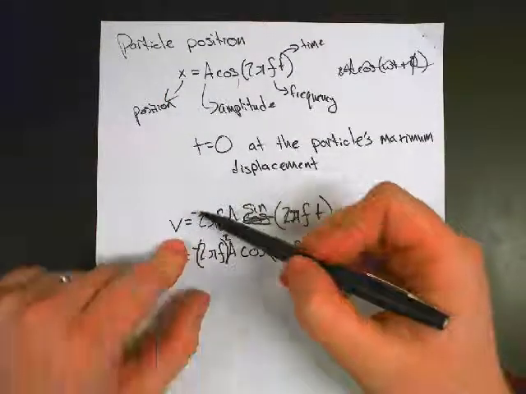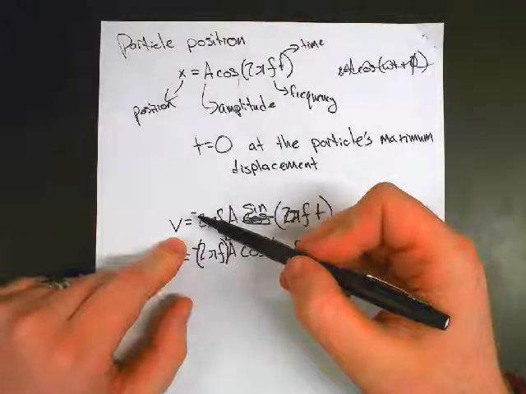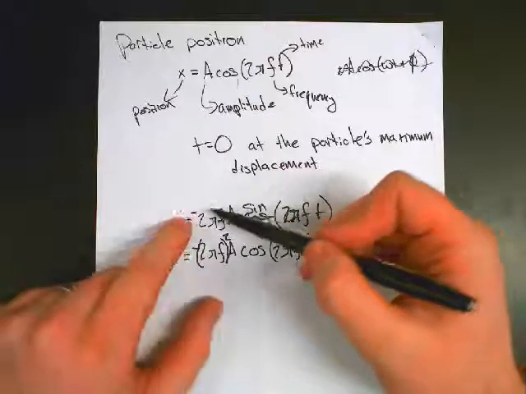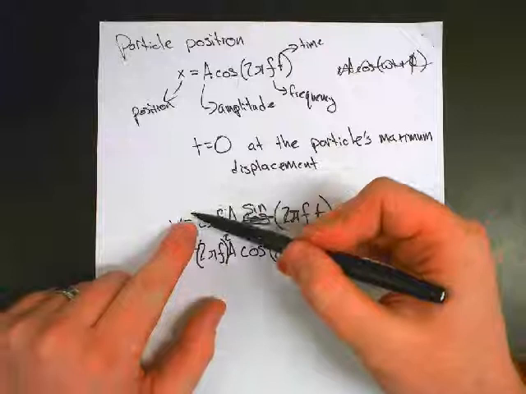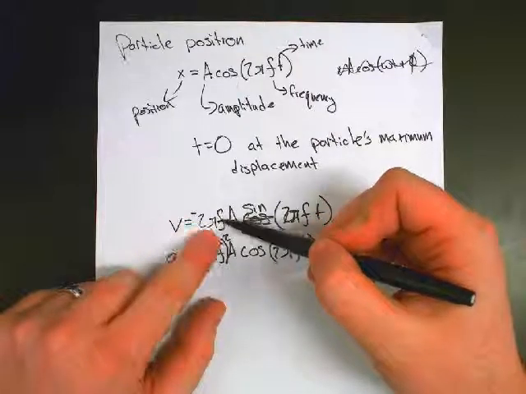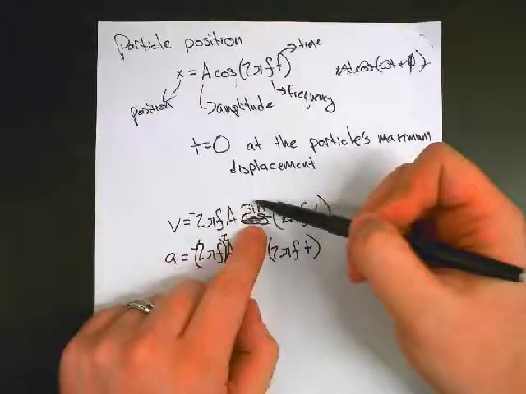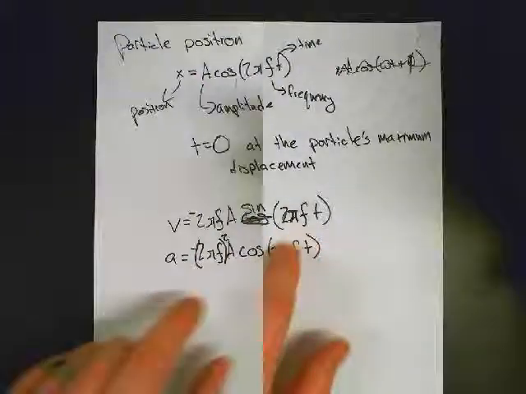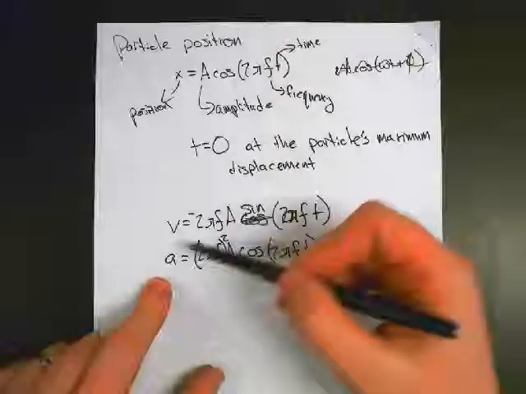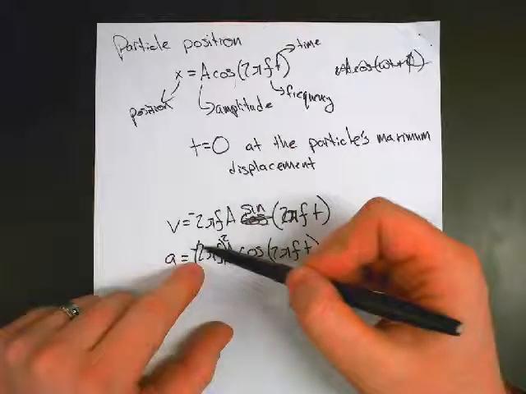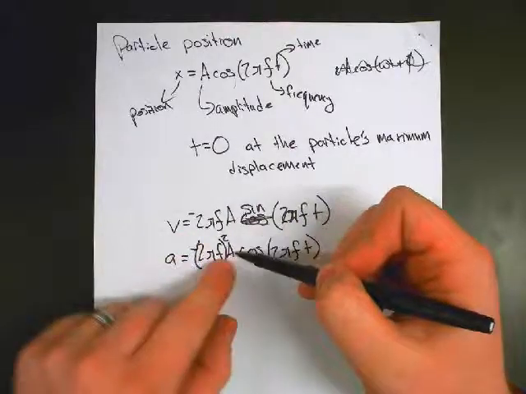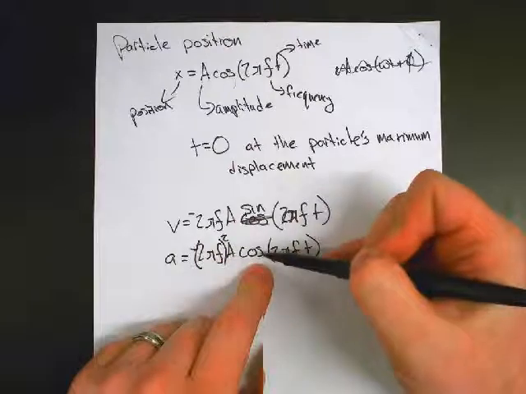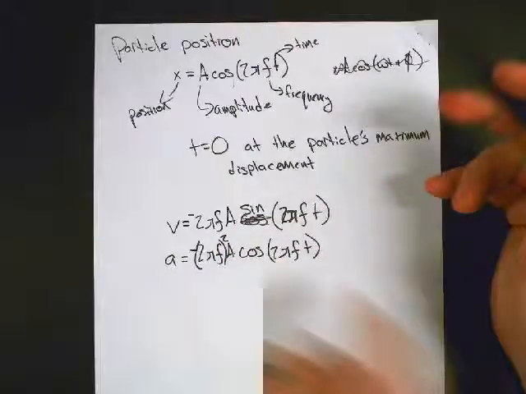For the velocity of that same particle, still starting from its maximum position, we find its velocity to be negative 2 pi times the frequency times the amplitude, sine of 2 pi frequency times time. Lastly, the acceleration of the particle is negative 2 pi frequency quantity squared times the amplitude times cosine of 2 pi times the frequency times time.